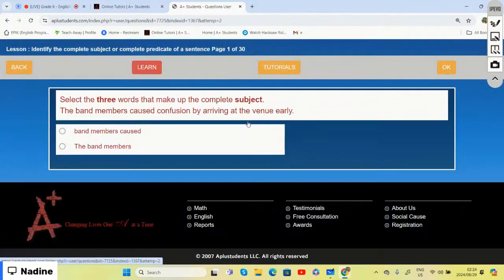All right. We now need to select three words that make up the complete subject. It says the band members caused confusion by arriving at the venue early.